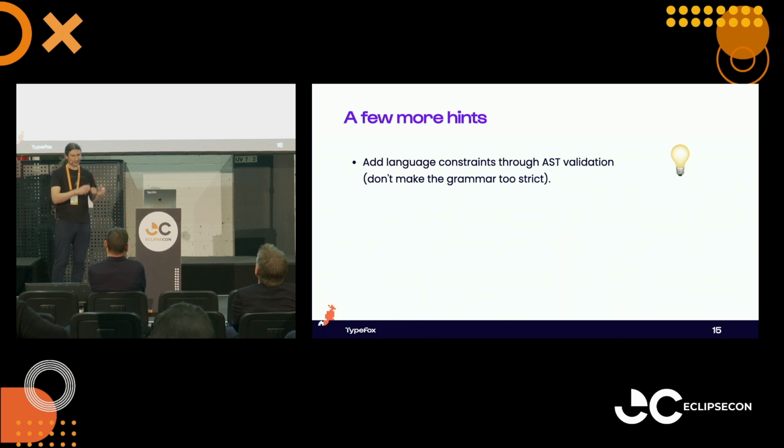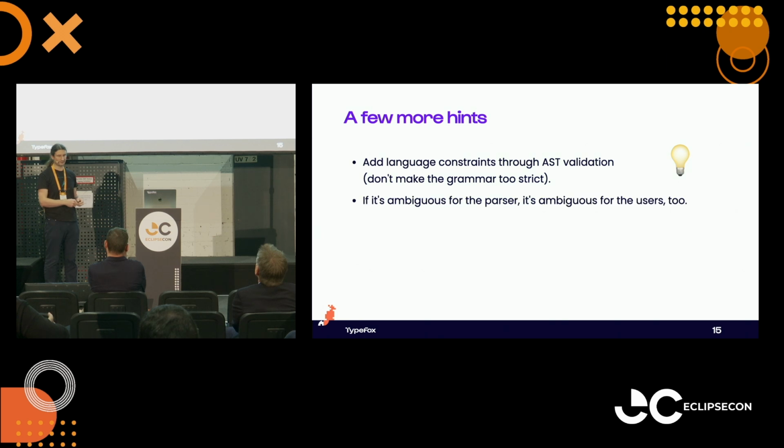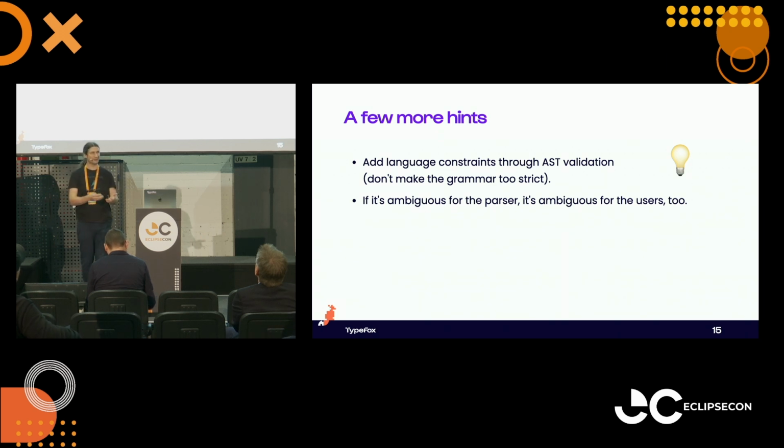I mean, this again is something that is better to explain on an explicit example, but just want to mention them rather quickly here. Another point is if it's ambiguous for the parser, it's also ambiguous for the user, which means you should not fight the parser too hard to make it work, even if it's ambiguous, but maybe rather change the syntax so that it's clarified. Because remember, it's a format to be used by machines and humans.